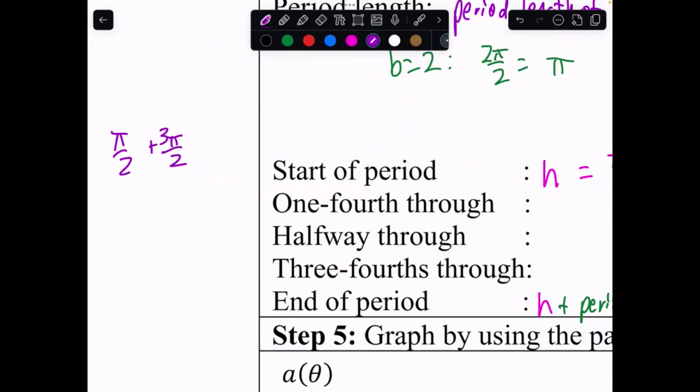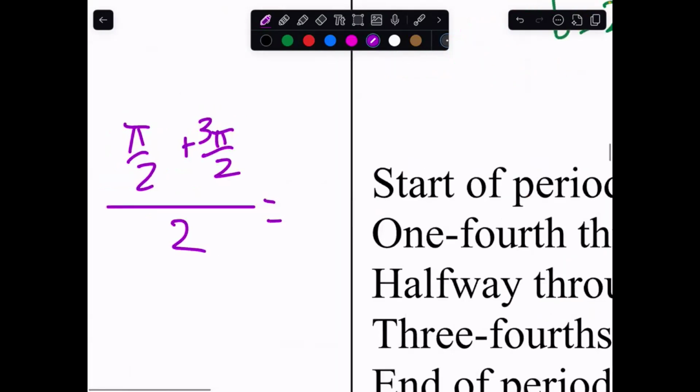Okay, so this one's going to look kind of funny because you've got fractions within fractions. But again, you add the angles together and divide the answer by 2. Okay, so up top, you've got 1 pi over 2 plus 3 pi over 2 is 4 pi over 2. And don't forget, you still have the big divide by 2. Well, the numerator simplifies. 4 pi over 2 is 2 pi.